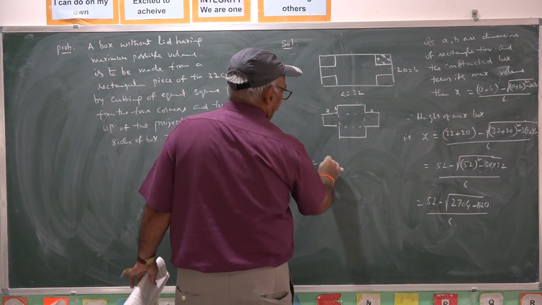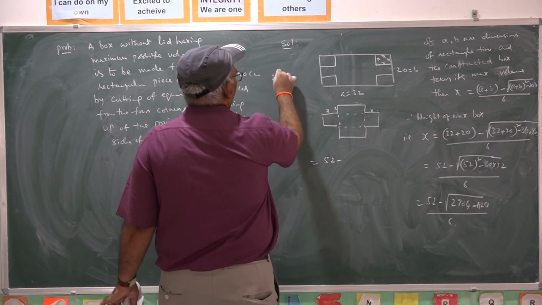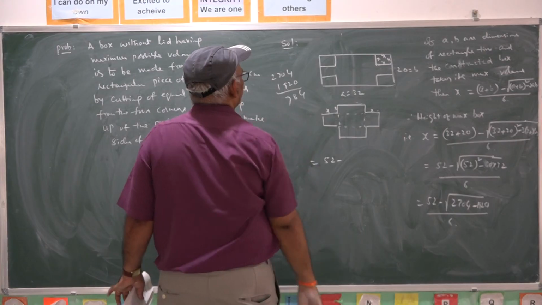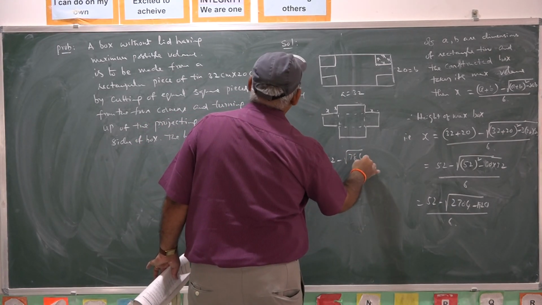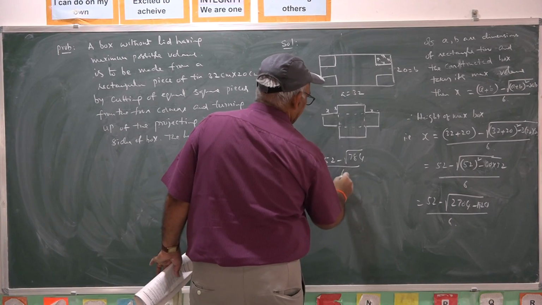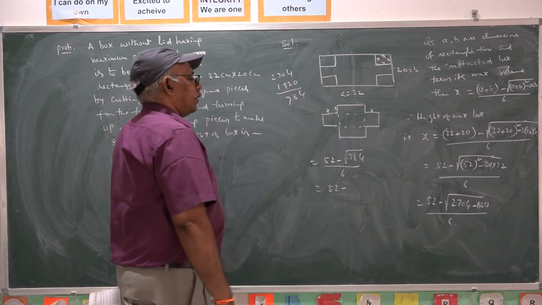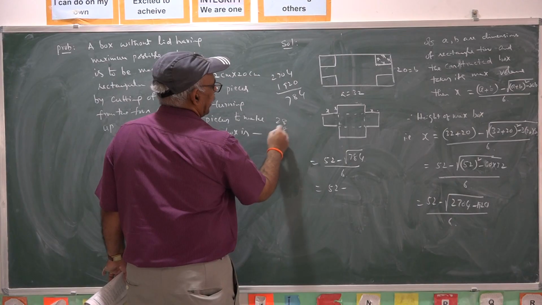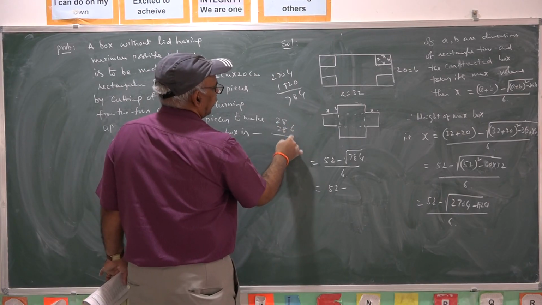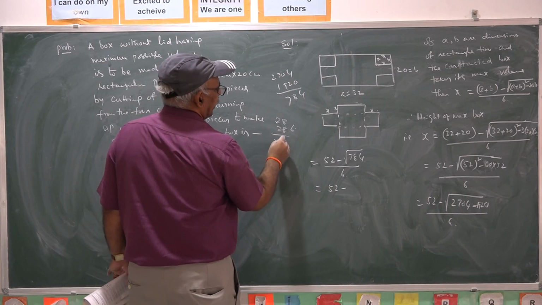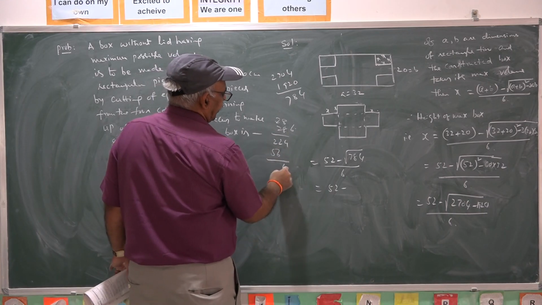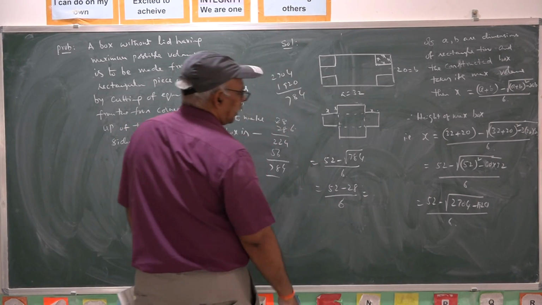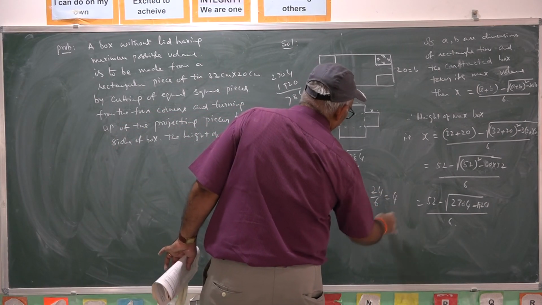That gives us 52 minus root 784 by 6. This is 28. So 52 minus 28 is 24, by 6, that is 4.